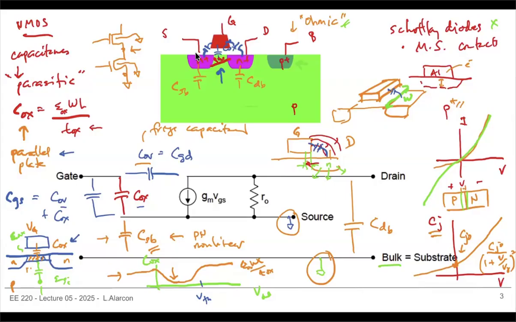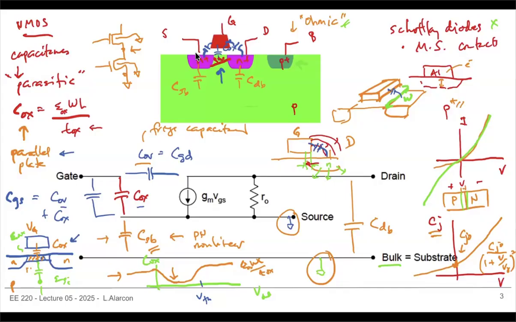Okay, so any questions here? What we're trying to look at is that you do have a bunch of capacitances, and we have the mechanisms where they come from. The oxide capacitance is approximately parallel plate.